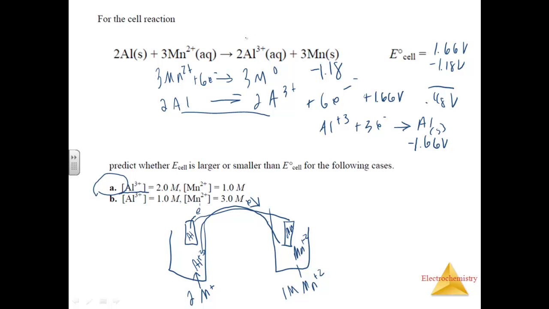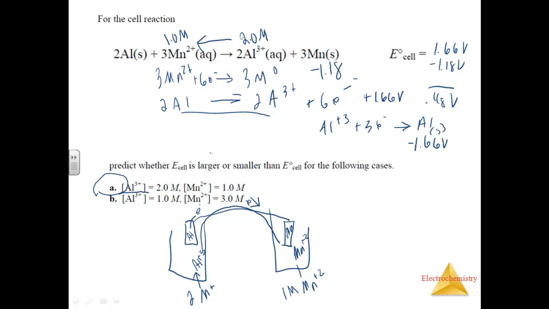For question A, the aluminum ion is 2 molar and my manganese is 1.0 molar. So I have a higher concentration than E naught on my product side, and what Le Chatelier said is that is going to cause a shift towards the left, or towards the reactants.